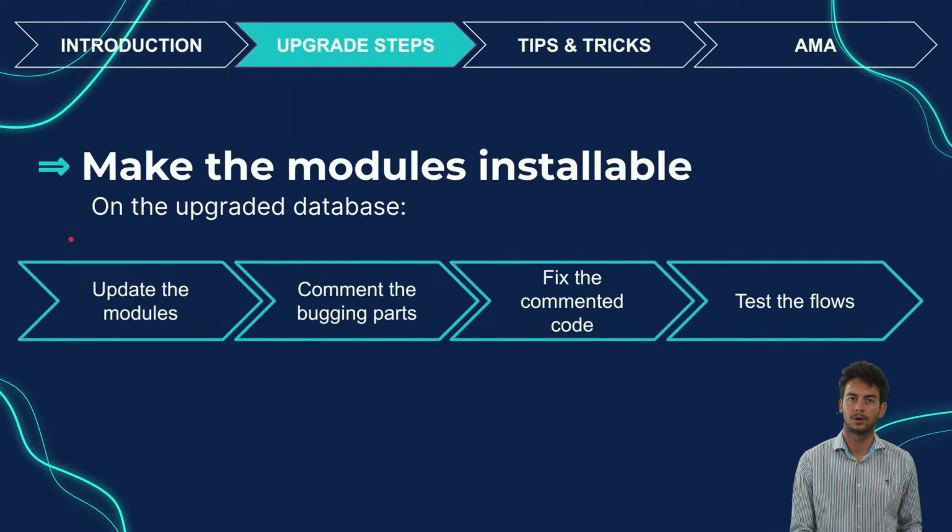Once you have your upgraded database and you made the module installable on an empty database, you can install the module on an upgraded database. When you update the module, comment the buggy parts as on the empty database, then fix the commented code. But before fixing the commented code, I recommend you have visibility on all the issues, so comment all the buggy parts before starting to fix them.